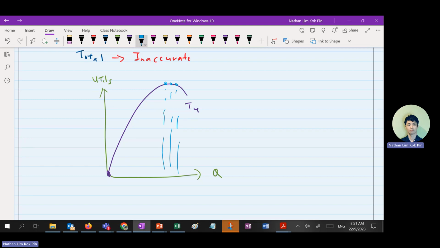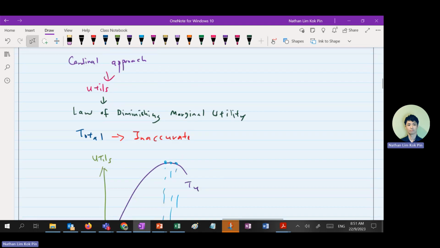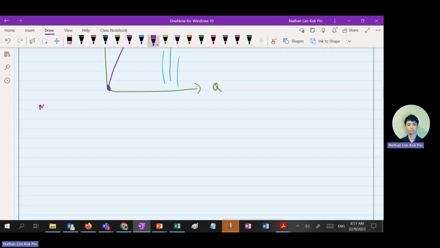Always not so accurate. That's why we have to come up with another concept, which is marginal. Marginal, I also told you to write down. Marginal is equal to additional.